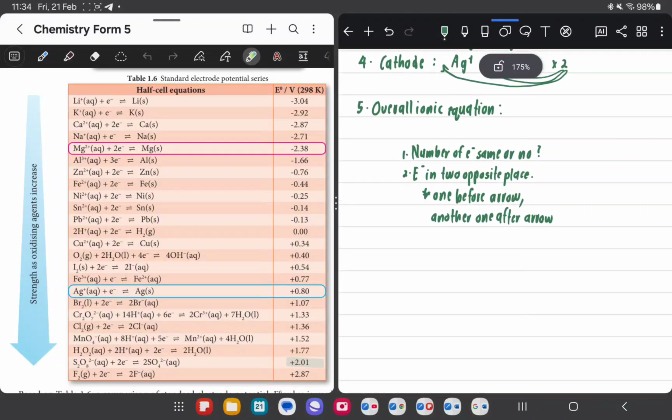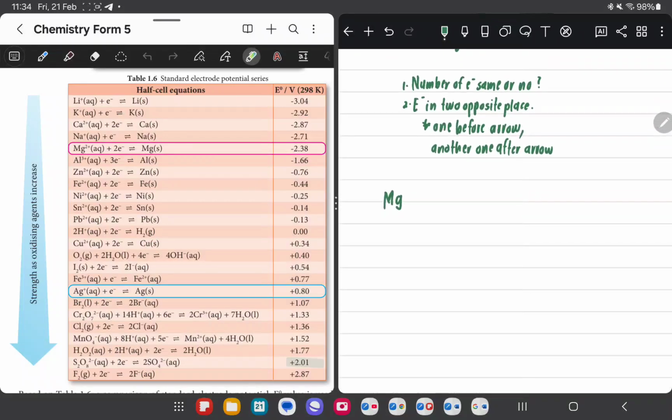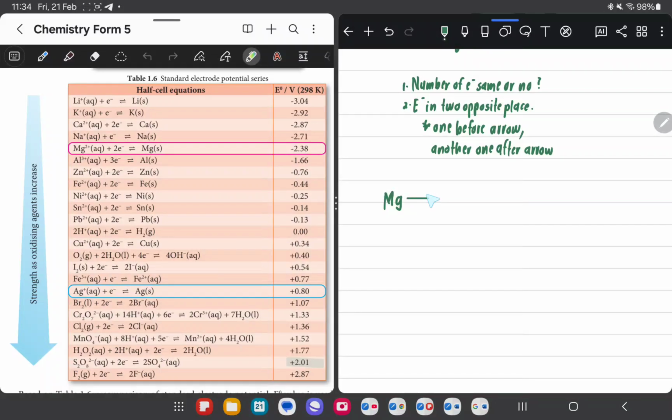Understand? Okay, so how do I do it? First magnesium: Mg equals Mg2 plus plus 2 electrons.